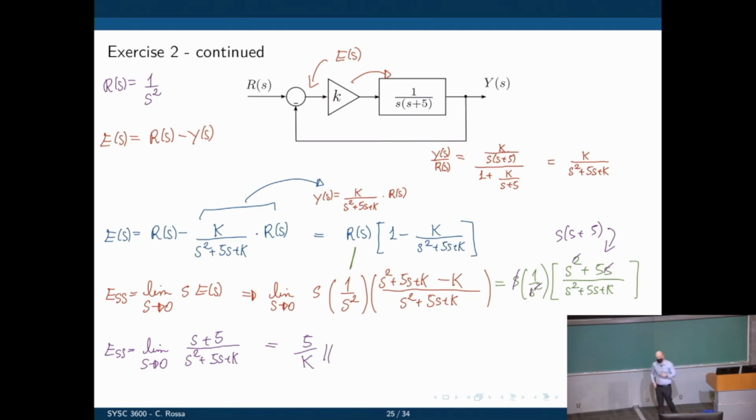The greater the value of K, the smaller the steady state error is. But we need to be careful because the damping ratio and the natural frequency are both functions of K as well. So as we increase K, we may have a smaller steady state error, but we will see more oscillations, and we will see a larger settling time.